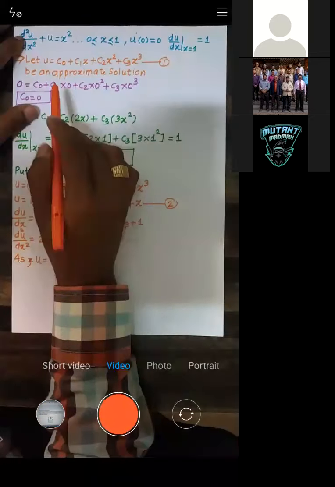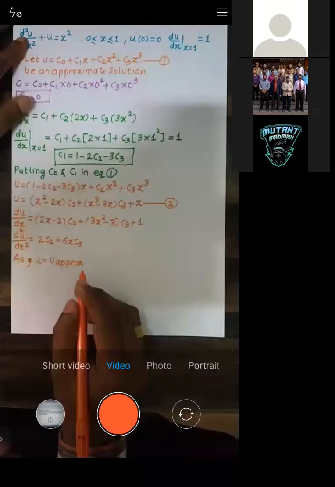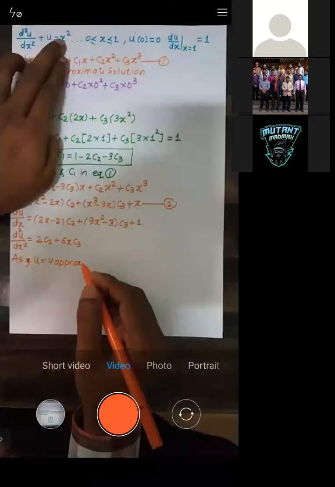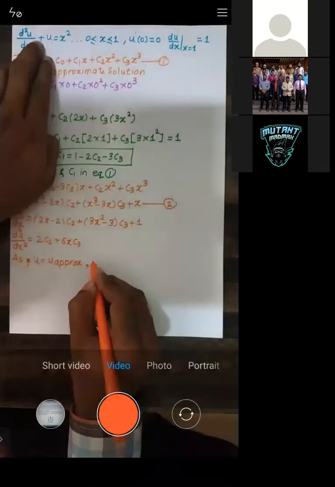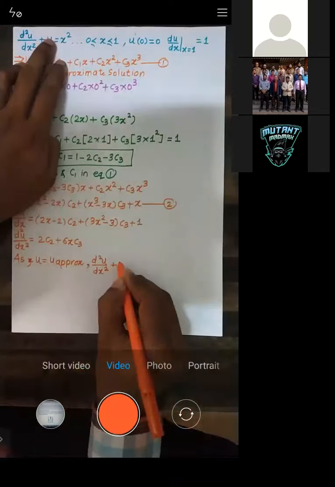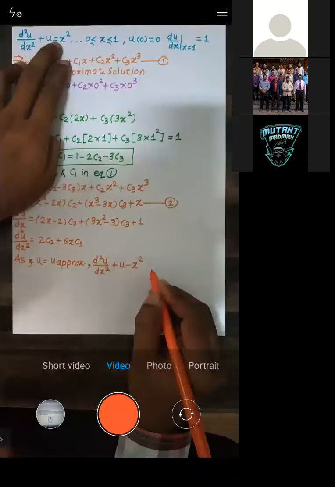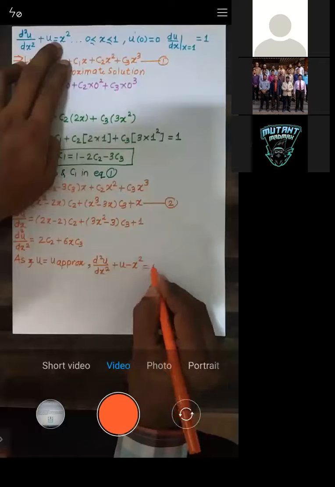When you bring this term on the right hand side, I'll bring this term, ∂²u/∂x² plus u, to the left hand side, minus x², then it should be equal to 0.